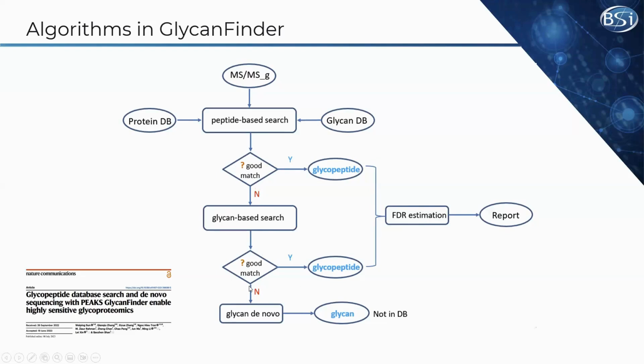And then lastly, if we still don't have any matches to our glycan-based search or peptide-based search, we can perform glycan de novo sequencing to retrieve anything that's not found in your database. If you'd like to know more about the algorithm and how it works, please refer to our paper, which was published in Nature Communications last year.